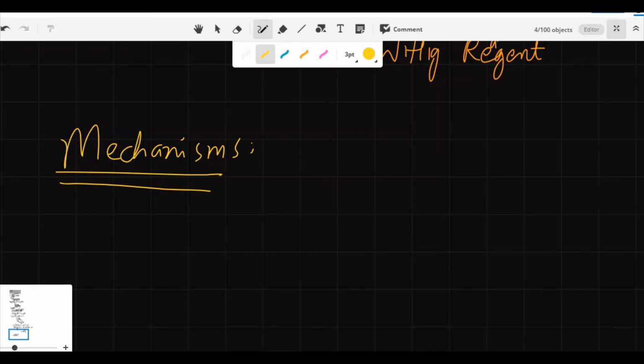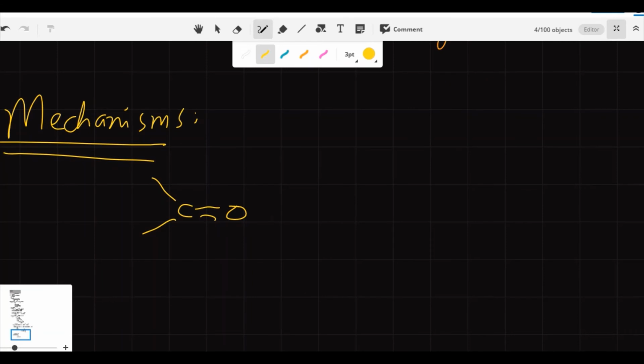Let's suppose I am going to take a ketone, and that is going to be treated with the ylide, that is CH2 phosphorus Ph3, like that.